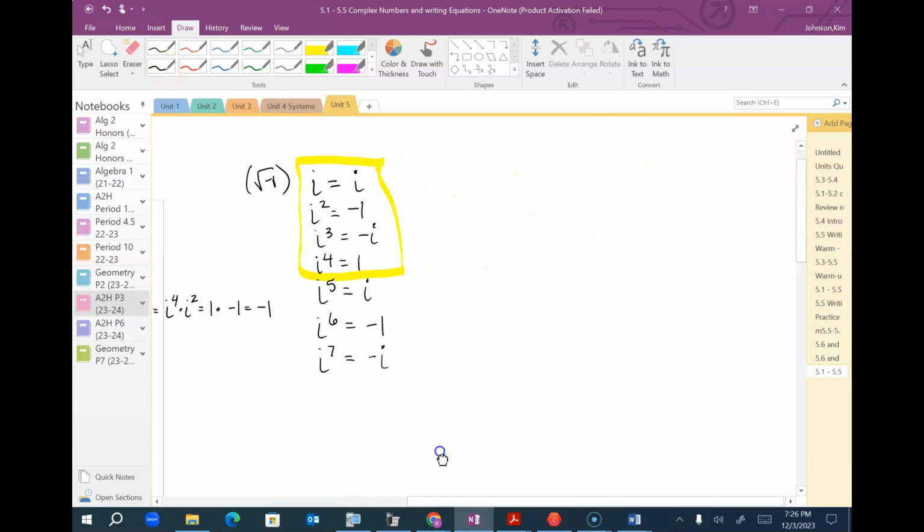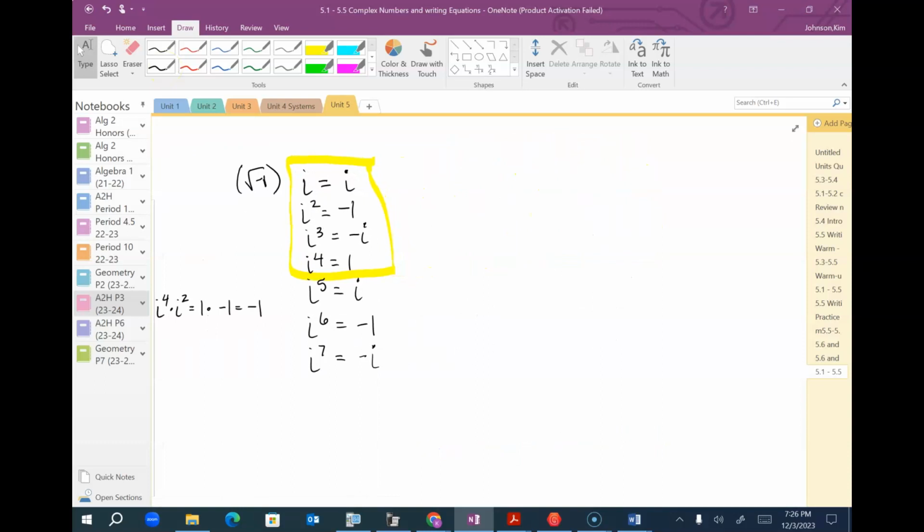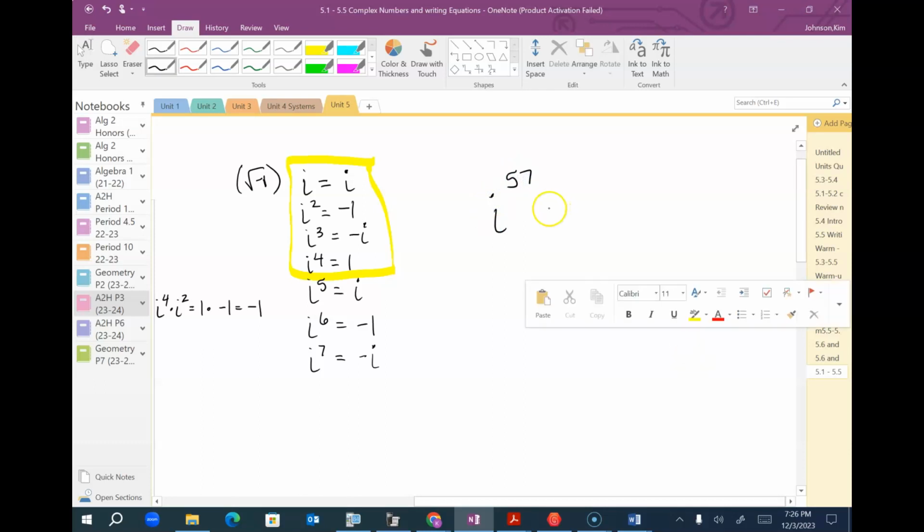And so we can do i to any power using those cycles of i. So I could say, hey, let's do i to the 57th power, for example. Knowing that i to the 57th power is going to be equal to i to whatever the remainder is when I divide 57 by 4.